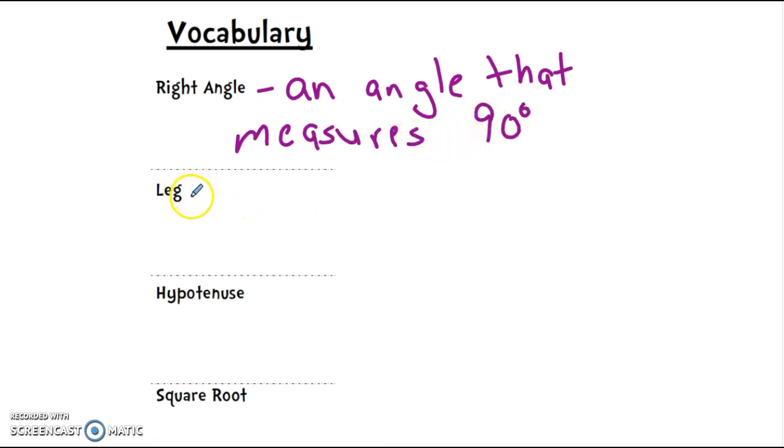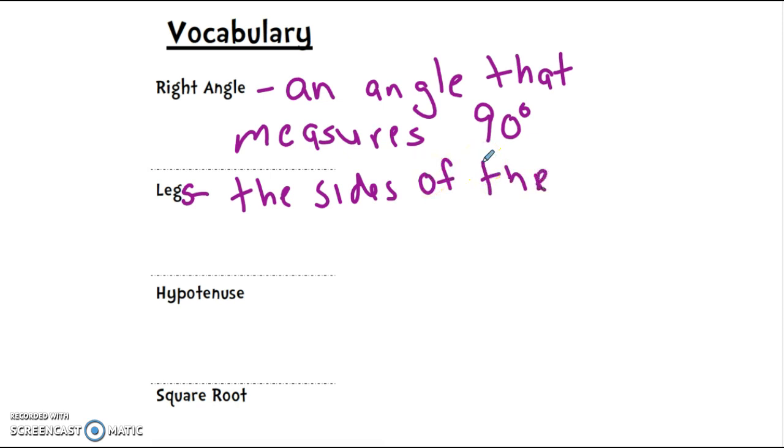Okay, the leg of a right triangle is, we're going to say legs because they are the sides of the triangle that meet to form the right angle.